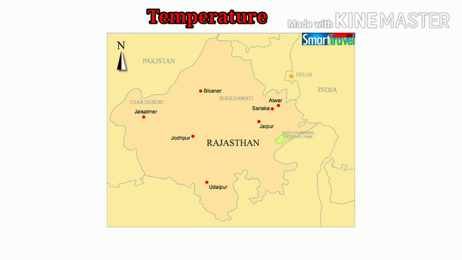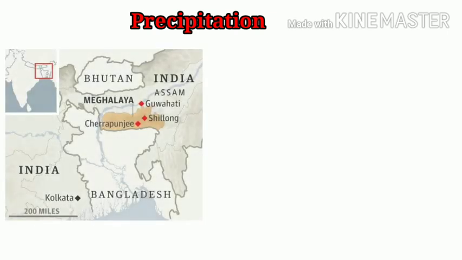Now let's take a look at precipitation. In India we can see variation in the type of precipitation. Somewhere we see lots of rain, for example Cherrapunji and Mawsynram, which is in Meghalaya, and somewhere the amount of rainfall is very less.